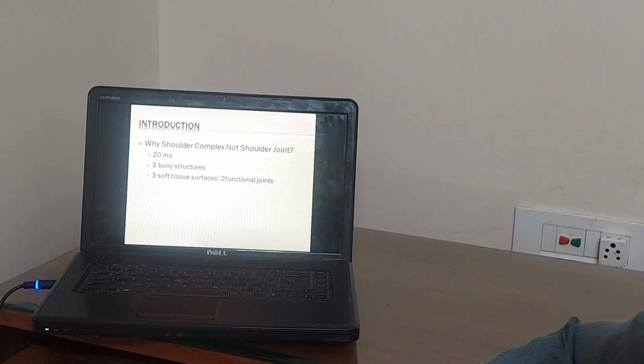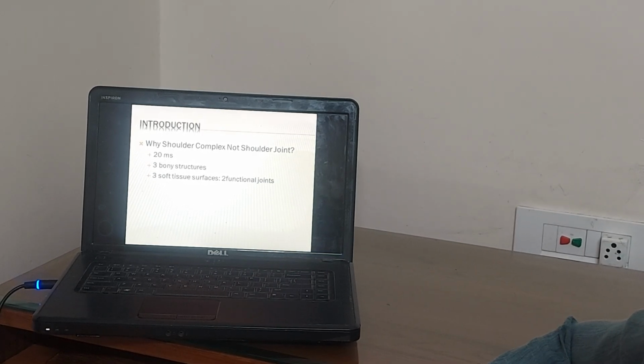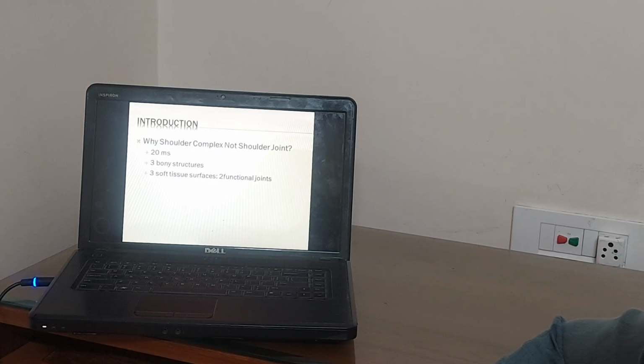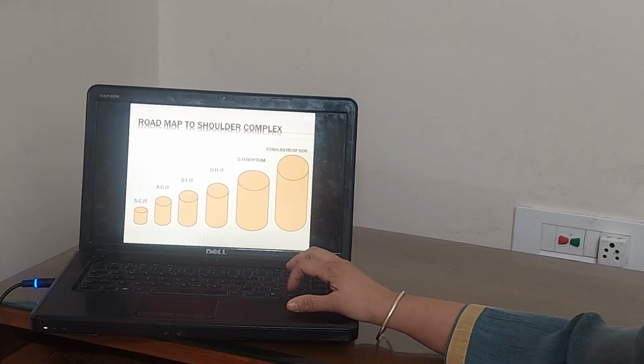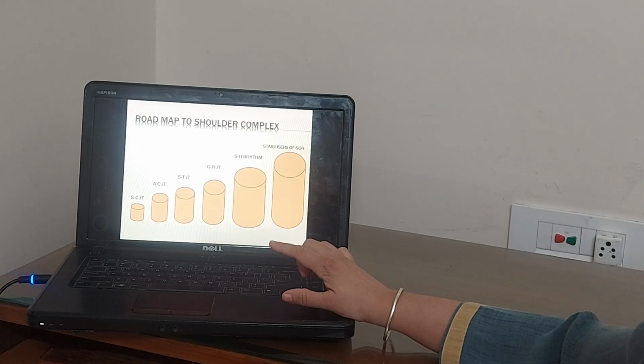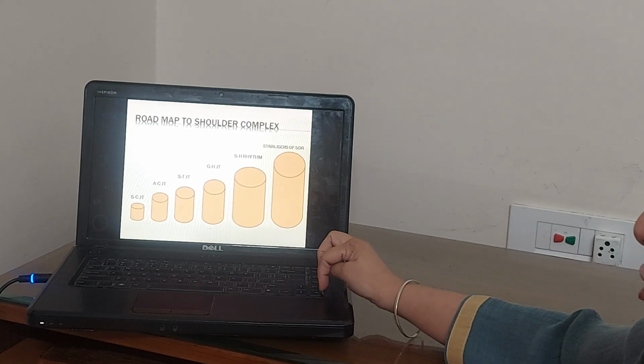Now why is this called a shoulder complex and not a shoulder joint? The reason is it has 20 muscle attachments to it. It has 3 bony structures. We know 3 joints: the sternoclavicular joint, the acromioclavicular joint, and the glenohumeral joint.